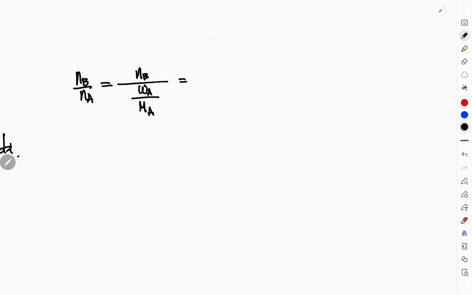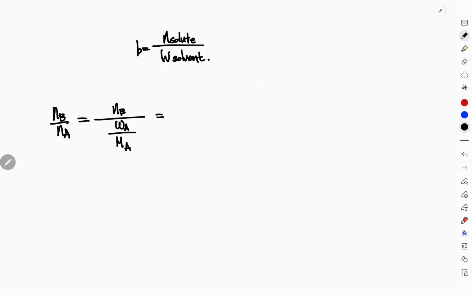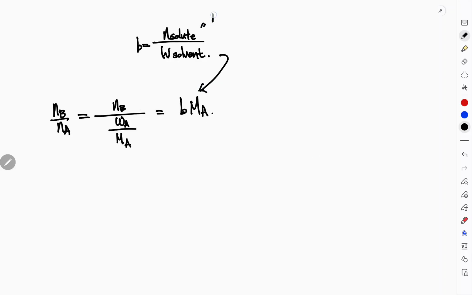So the solute is B, which is potassium sulfate, and the solvent is water A. So nB over wA is the molality b. So nB over nA is b times MA, and MA is 18 grams per mole, the molecular weight of water. So I think we now know all the unknown values.